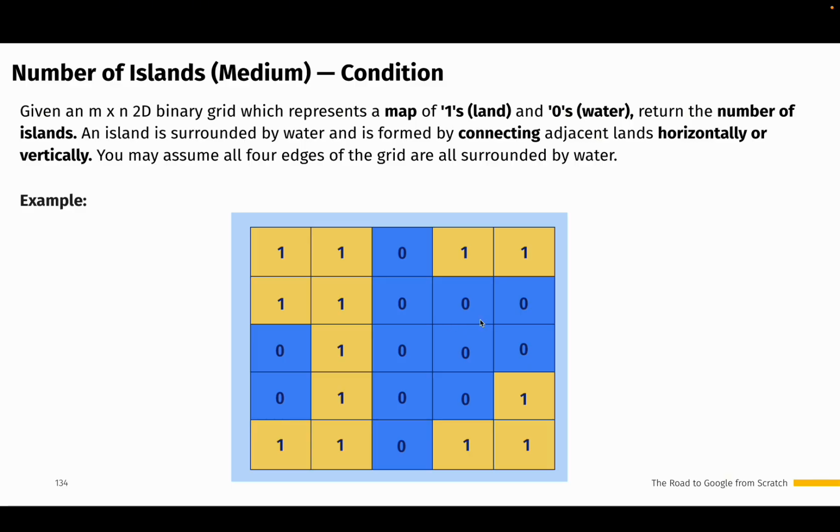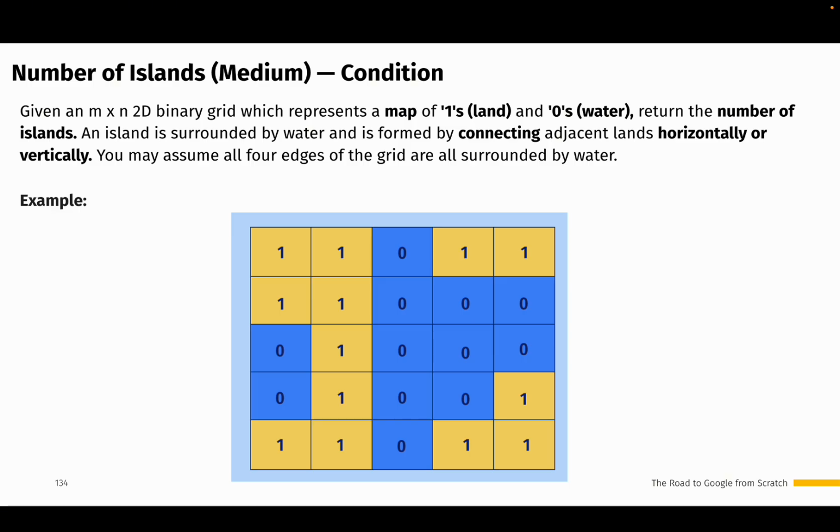It doesn't mean that this would be the same island, but it would be considered separate islands, because this one would not be a neighbor for this one. If, for example, we would have 1 here, it would be a part of this island. So the idea is that only cells connected horizontally or vertically count as part of the same island.